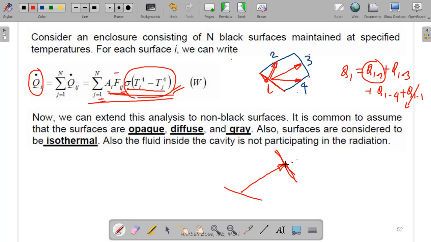So something is going to reflect back from the surface, and along with that there is something that will be emitted from the surface. So what is coming out from the surface has two parts: one is the emission from this surface, and the other is the reflection from the surface.